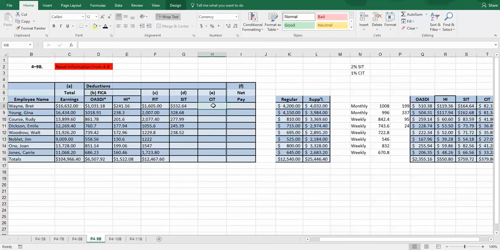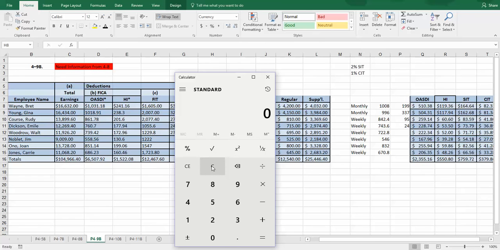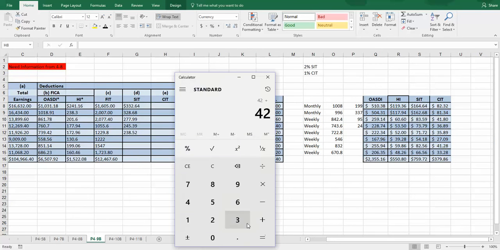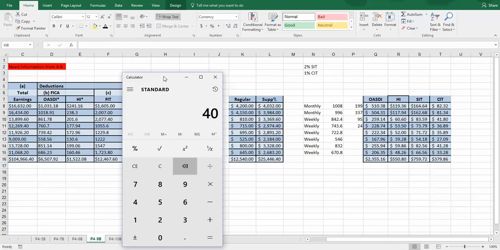And we're going to do the city income tax the same way. We're going to take 4,200 times 1%, add 82.32, gives us 124.32. That does not look right. 4,200 times 1% times 2 is $84 plus 82.32.